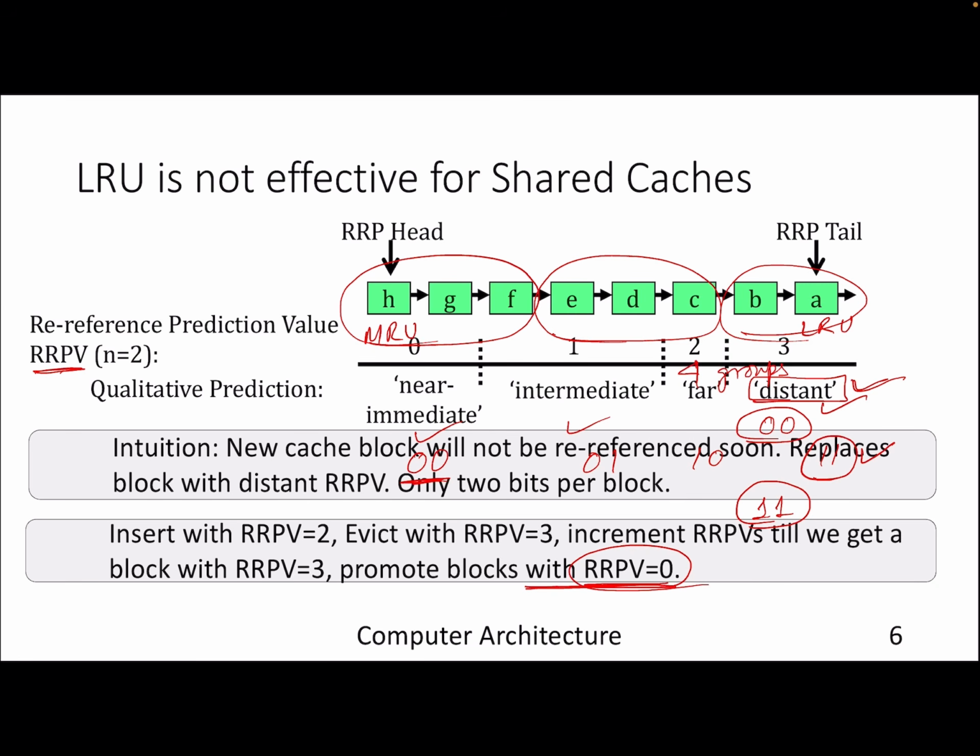But when you insert a block, you insert at a middle zone, where you assume that the block will be used in future, but we don't know whether it's in the near future or far future. But if it gets a hit within its lifetime in cache, then it gets promoted to the near immediate quadrant. Okay, so that's the high level view about this policy called RRIP, which is the re-reference interval based policy.